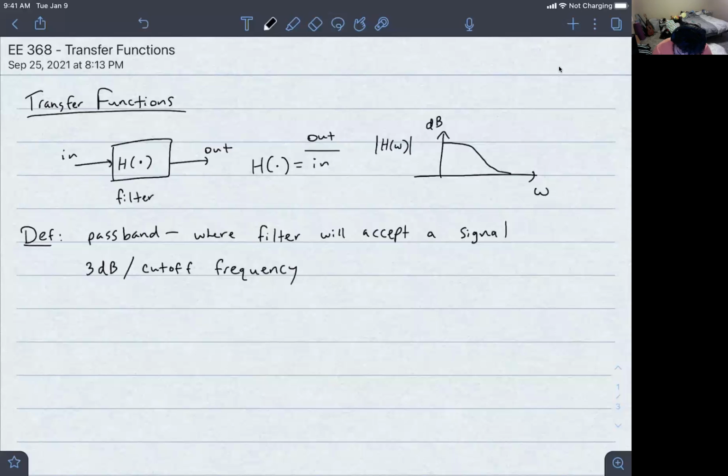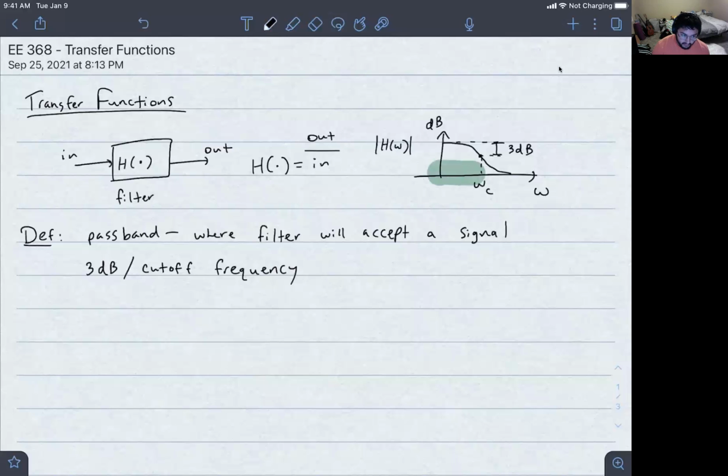So where we have the maximum value of our magnitude response and go down 3 decibels, 3 dB, this point, once we've gone down 3 decibels from the maximum transfer, is called the cutoff frequency, or omega c in this case, since our dependent axis is omega. All right. So this right here is the passband.